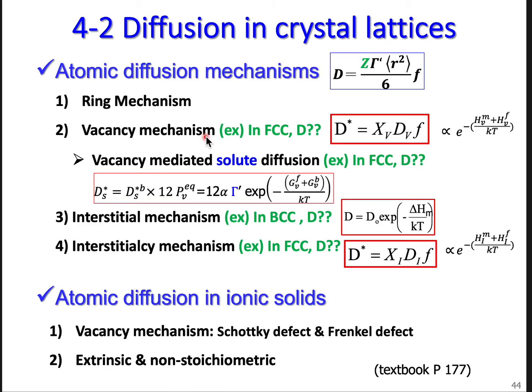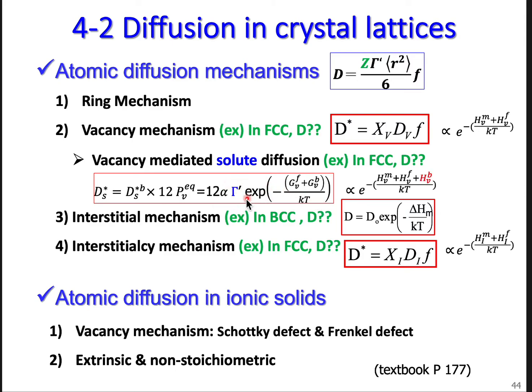If your material is not a pure material, and the diffusion process is also a vacancy mediated diffusion process, then if you want to know the diffusivity for this solute atom at a substitutional site, it will be proportional to the diffusivity for this solute atom bound with vacancy, and also the probability to find the vacancy-solute pair. So you can write it down like this.